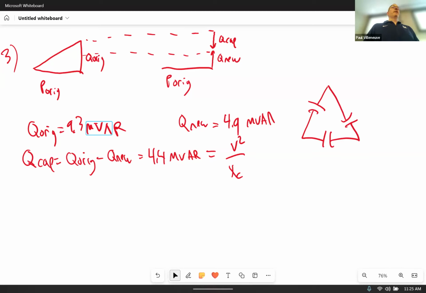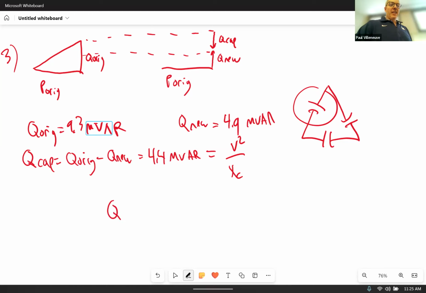This three-phase cap bank is responsible for 4.4 megavars. What is each individual capacitor responsible for? Square root of 3? Is Q a phasor? It's just responsible for 1/3, isn't it?